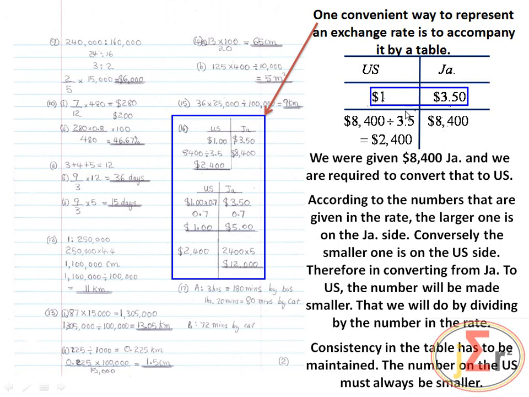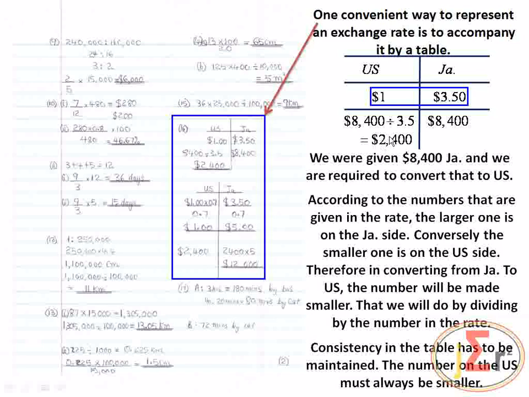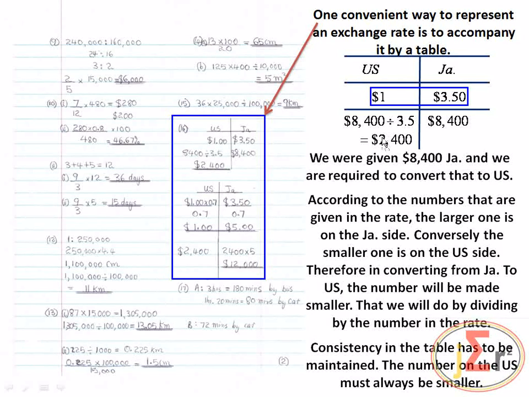Therefore, according to what we have here, the number over here is smaller. Therefore, if we are making a conversion in whatever amount of Jamaican to whatever amount of US, the number that will be the result on this side will be smaller than the number on this side.